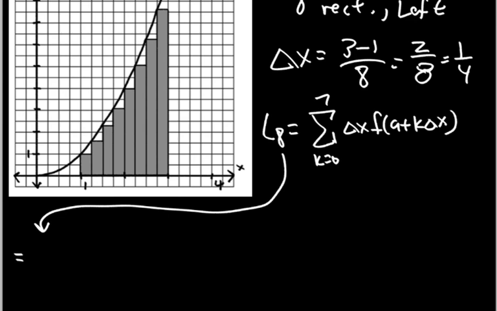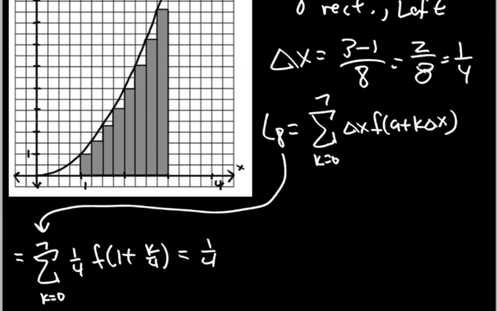So this equals summation k equals 0 to 7 of 1/4 times f of 1 plus k times 1 over 4. So I'm just going to write that as k over 4. So I'm going to factor out the 1/4 first because it has no k, so the summation doesn't affect that at all.